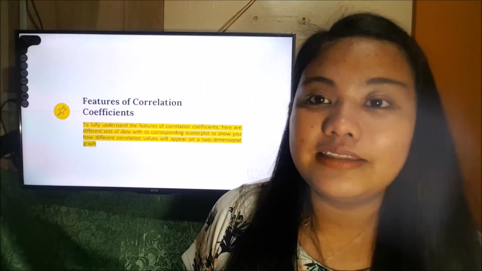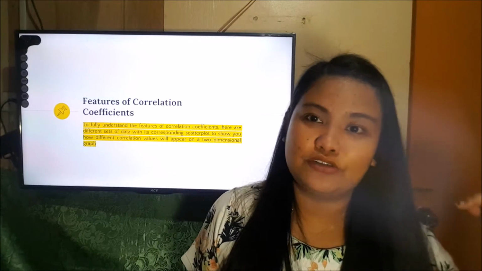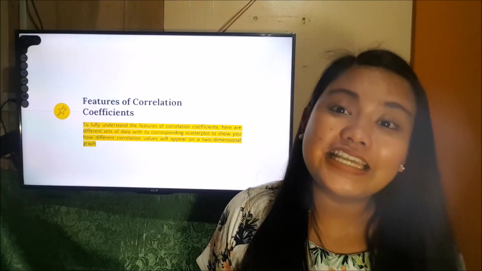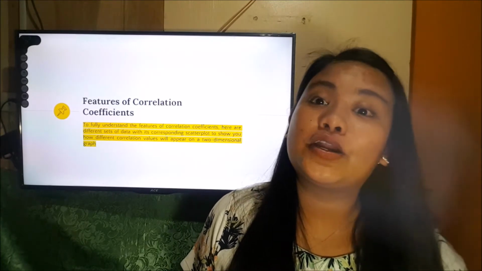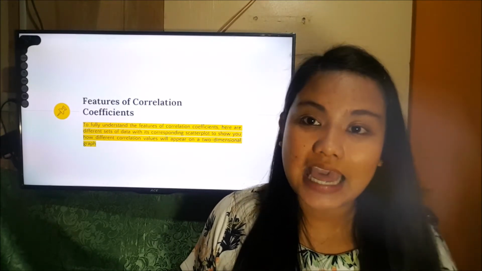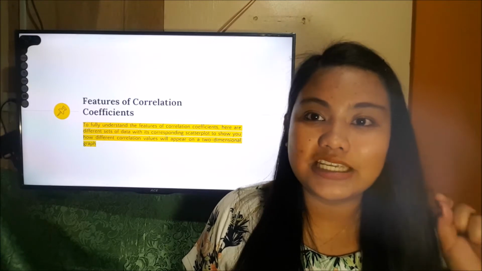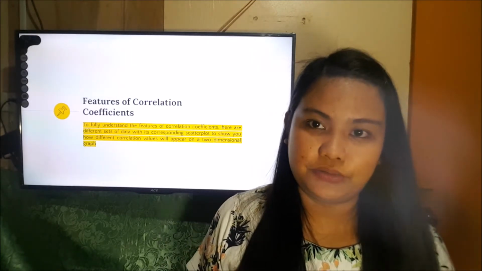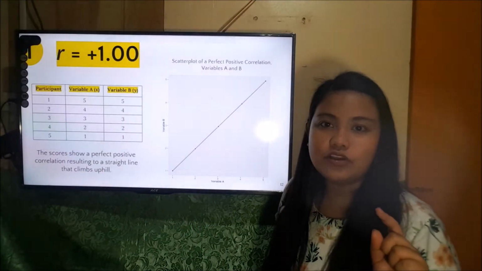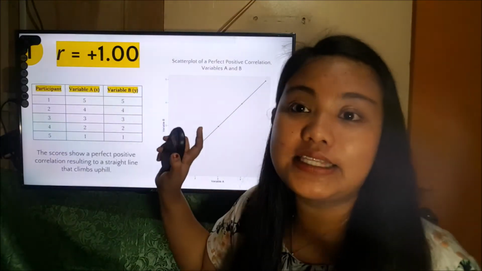Okay? Now, to fully understand the features of the correlation coefficient, the succeeding slides would show us different correlation values and their corresponding scatter plots. So we would know how each set of data looks when placed on a two-dimensional graph. Okay? So our first value here is r equals positive 1.